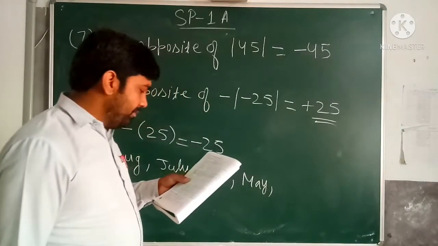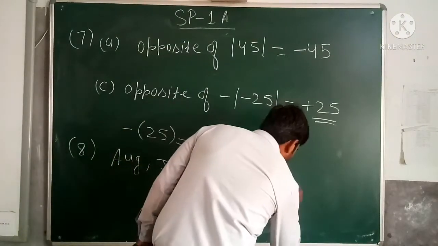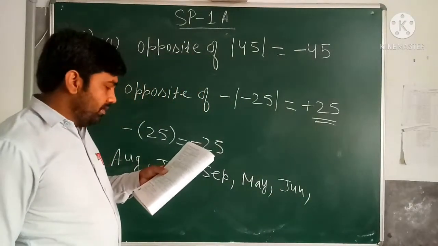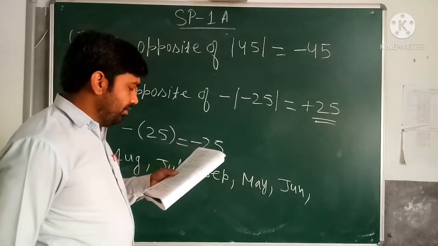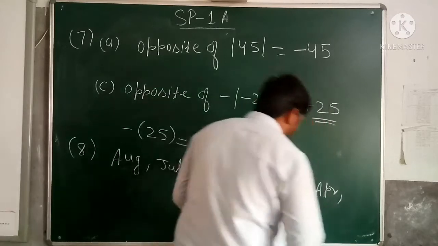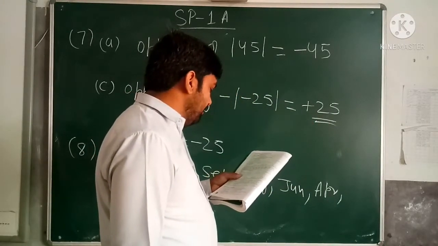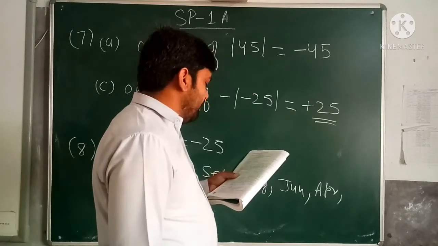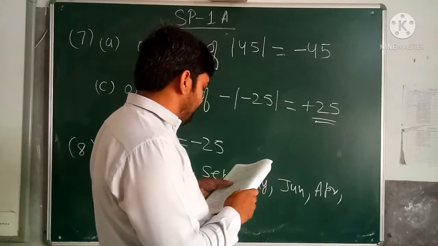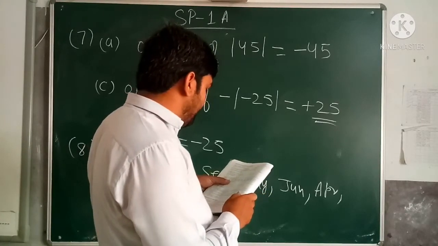And after May, June minus 85. And after June, April minus 84. And after April, March minus 72. And after that, October minus 71.